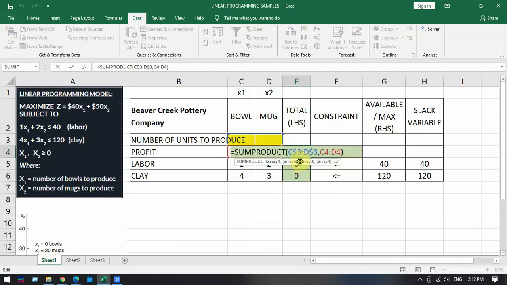You might notice here that I have a dollar sign in between C and 3, D and 3. What does it mean? When you put a dollar sign before, let's say, the row number, or the column number, actually we can also put a dollar sign here, or both.